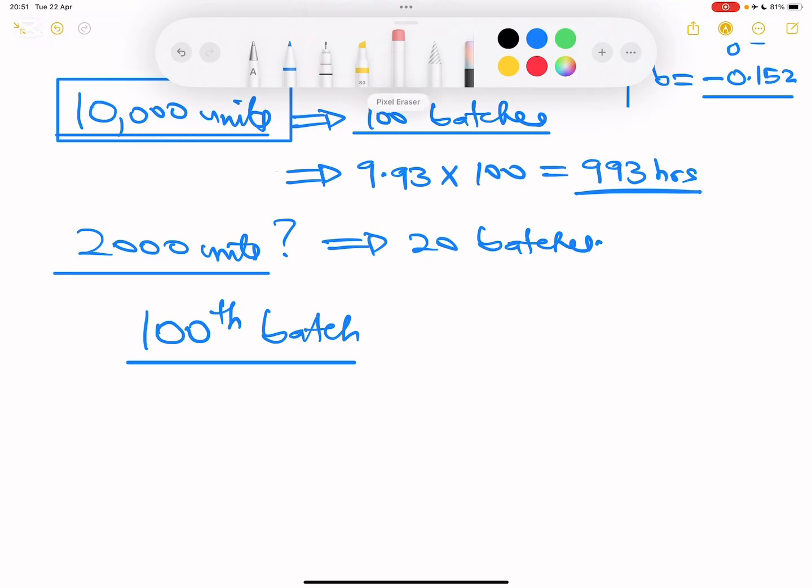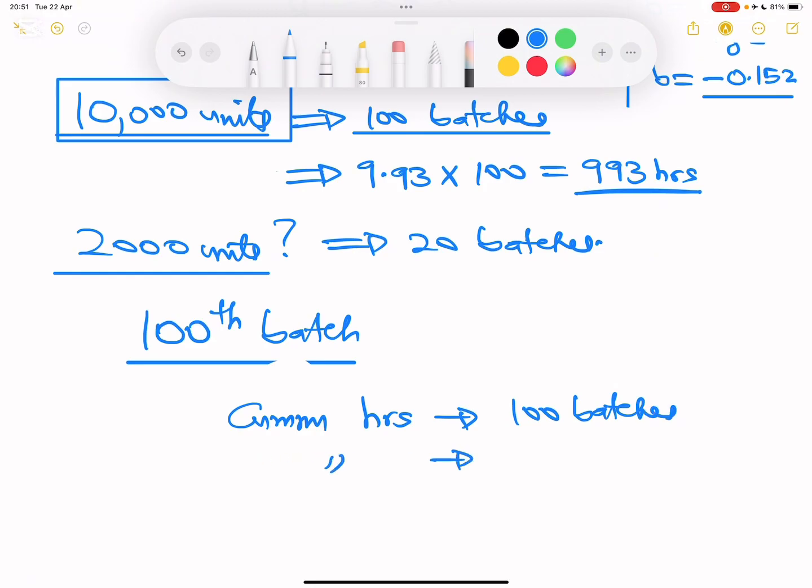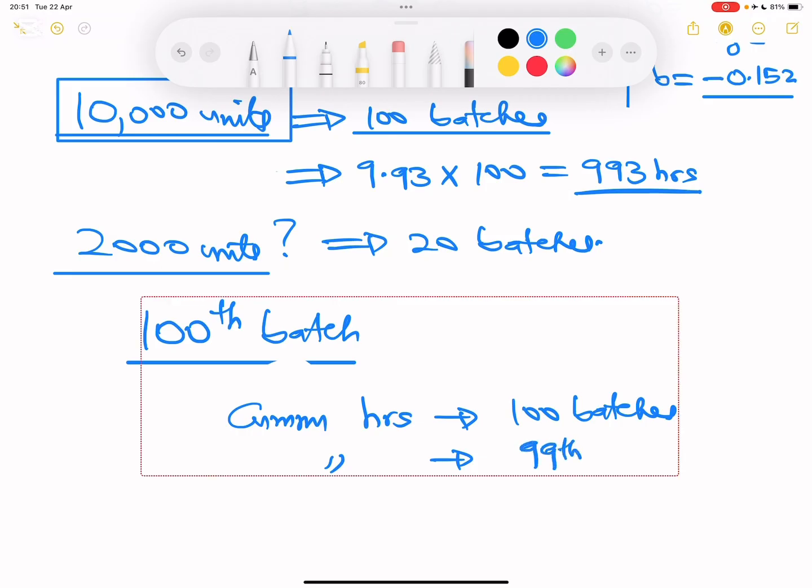So for us to know the time to produce the 100th batch, we need to know the cumulative hours to produce 100 batches, and also the cumulative hours to produce the batch before that. That will be 99 batches, not the 99th.